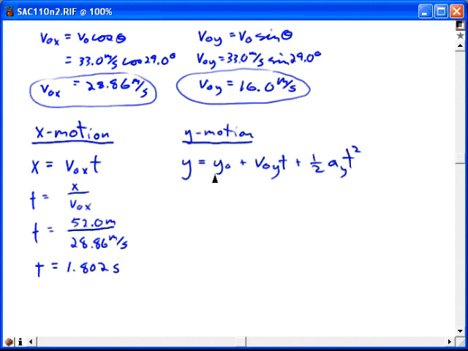Okay, we started off at ground level, so y0 is clearly 0. It did have some velocity and definitely has some acceleration. I think we're in a position to go ahead and analyze that. We know everything.